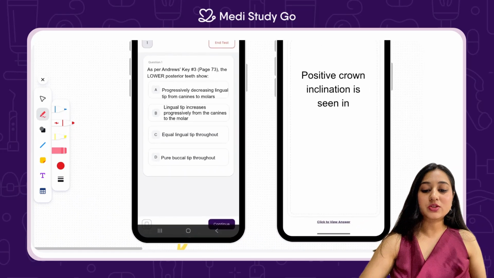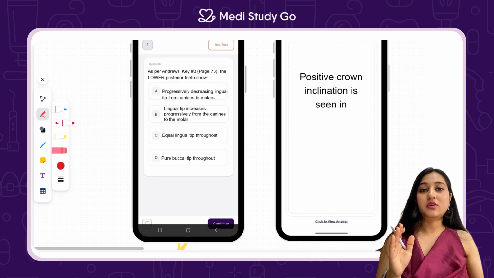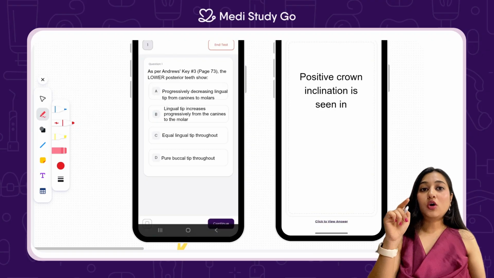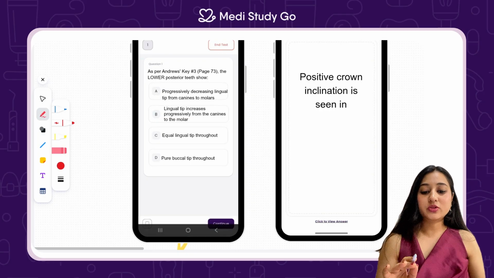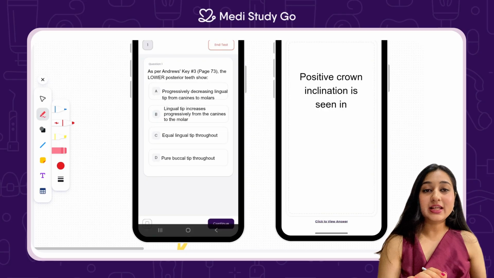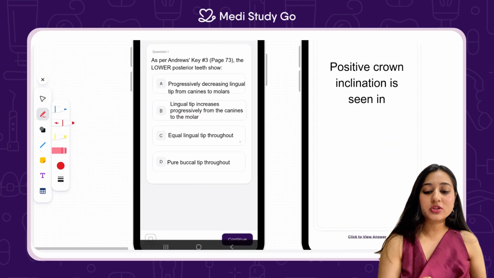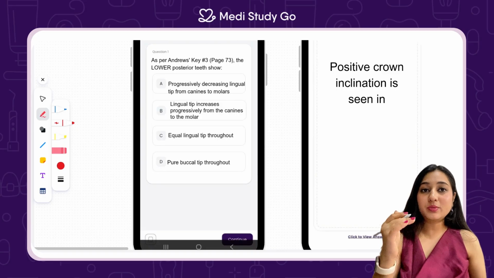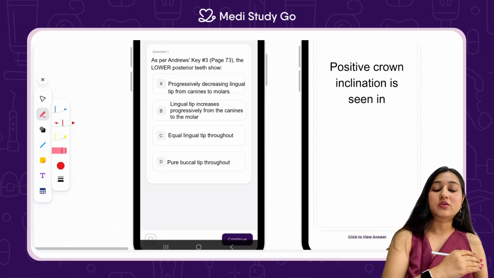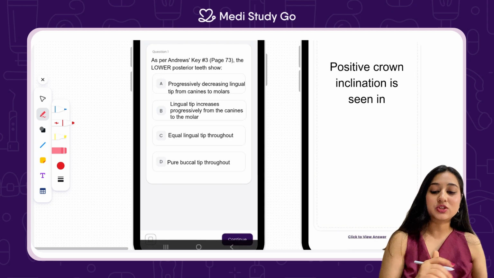If you remember what we saw in the crown inclination, all of the posterior teeth have a negative inclination, and therefore any option which is showing a buccal tip should be eliminated. So option D is completely eliminated right from the beginning, and also option C, equal lingual tip throughout, is not correct. As we go from the canines to the molars, the tip gradually changes.